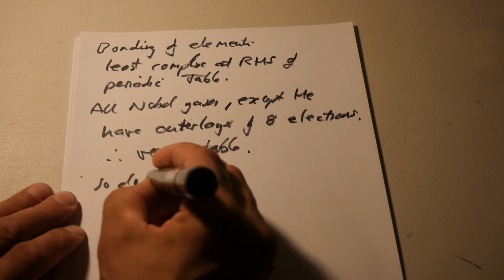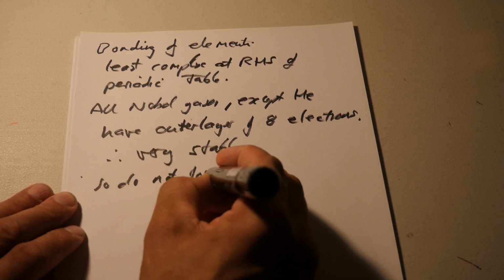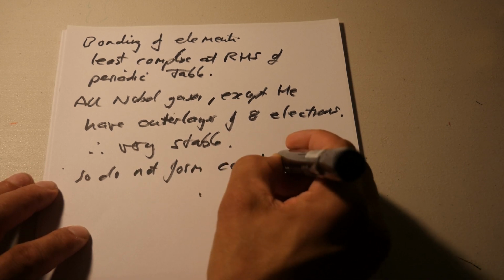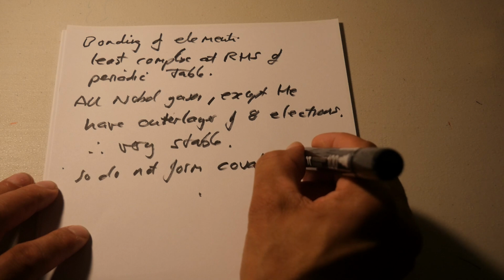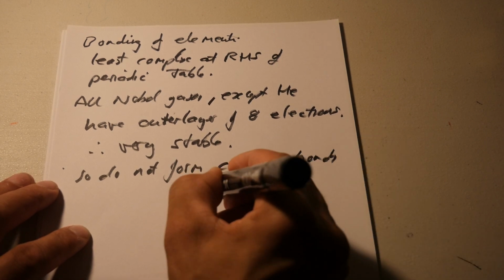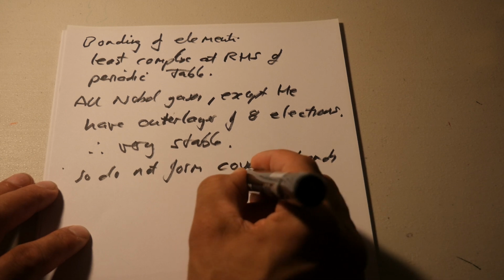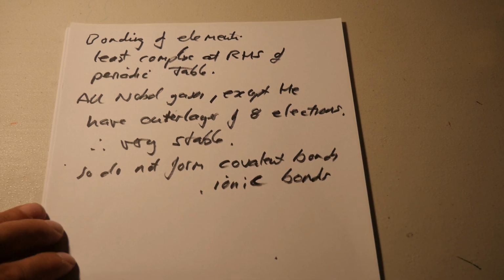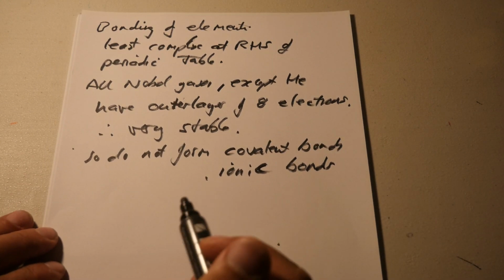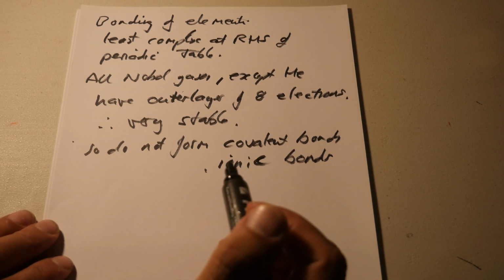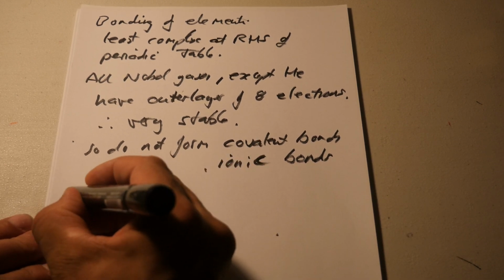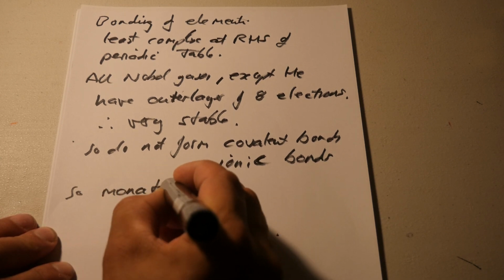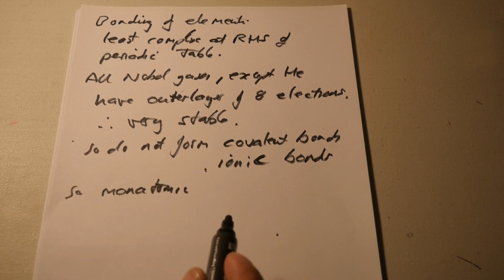So they do not form covalent bonds or ionic bonds, because they're too stable. So these are called monatomic.